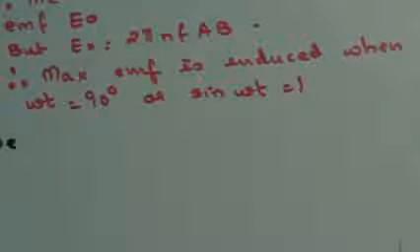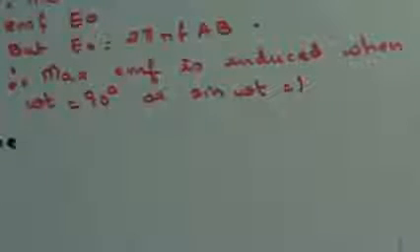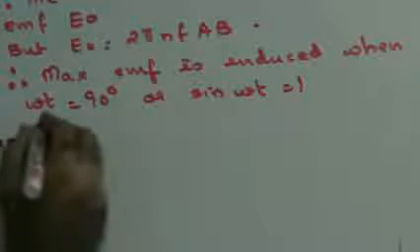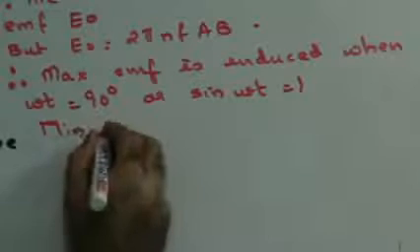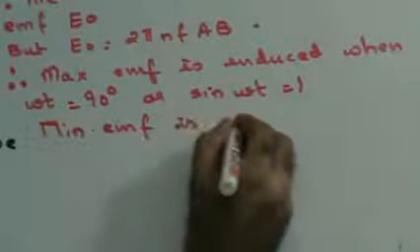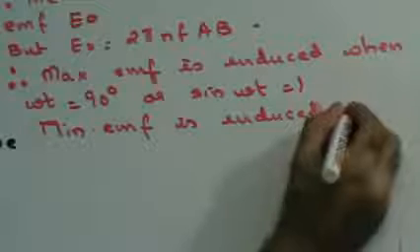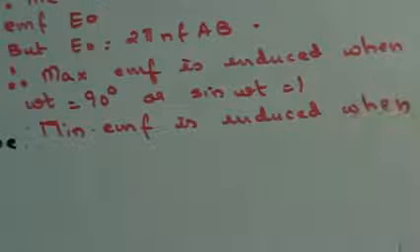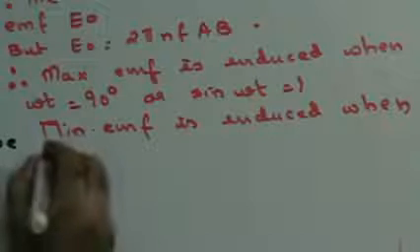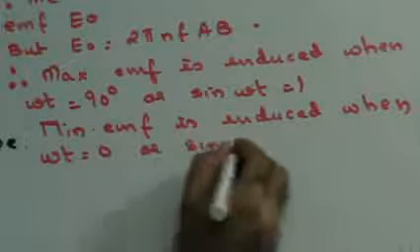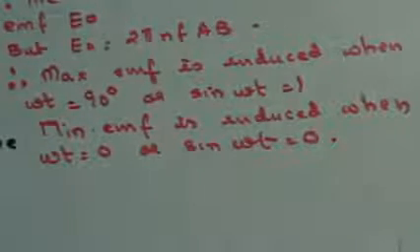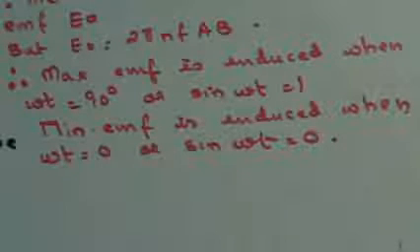And the value of EMF induced is minimum when omega t is 0, or sine omega t is 0. So those are going to be my maximum and minimum values of EMF induced.